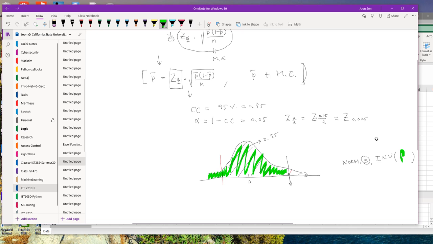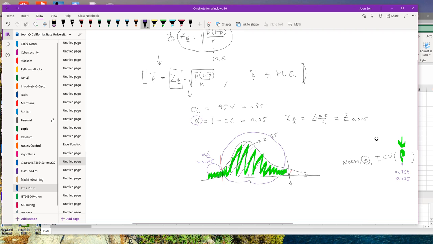We know the middle value is 95%, so this is 0.95, and this tail is alpha divided by 2, which in our case is 0.025. So the number you have to put here is 0.95 plus 0.025.